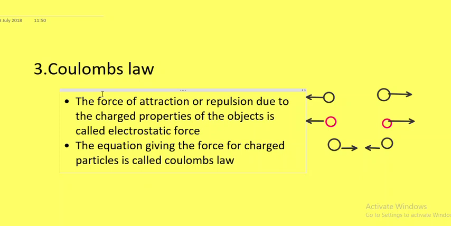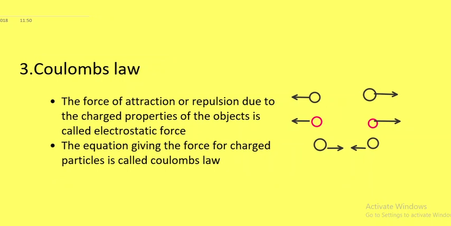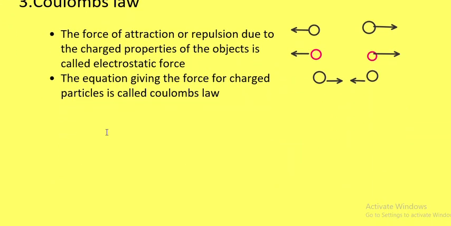And the Coulomb's law equation was given as F equals K Q1 Q2 by R square R cap, where K is a constant and Q1 Q2 are the magnitudes of charges placed here, where r is the distance between them.